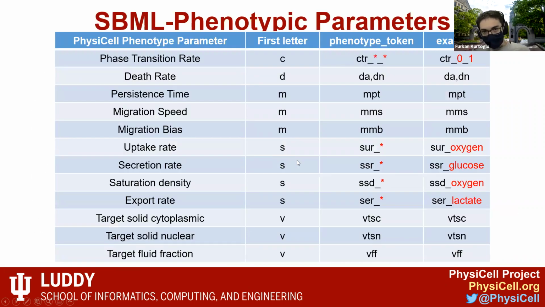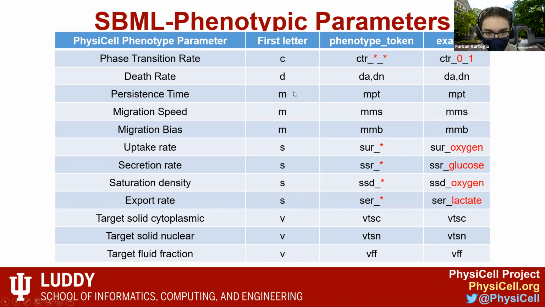So the SBML phenotypic parameters. These are the tokens that we are using to update the phenotypic parameters. If the first letter is C, then it means cycle. I will explain cycle later. D is death rate. DA is the apoptosis rate.